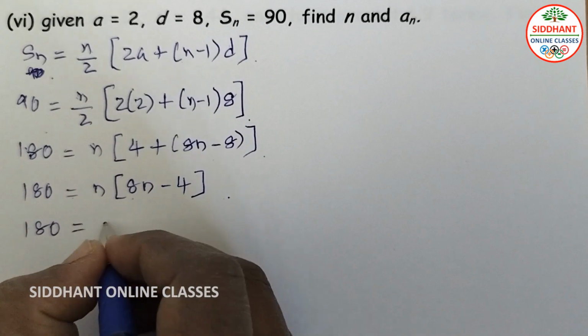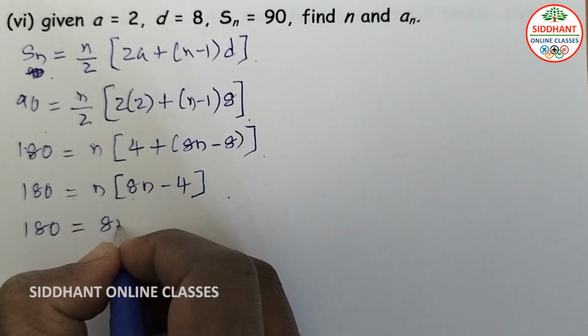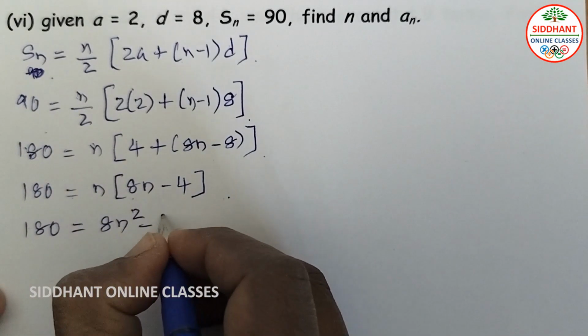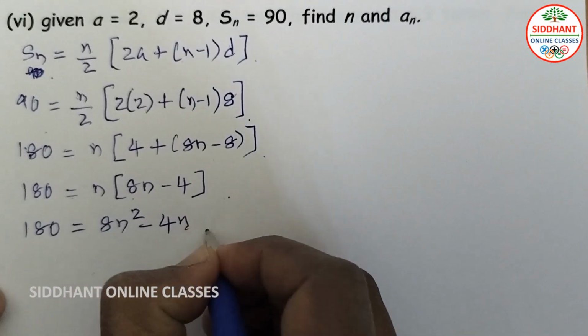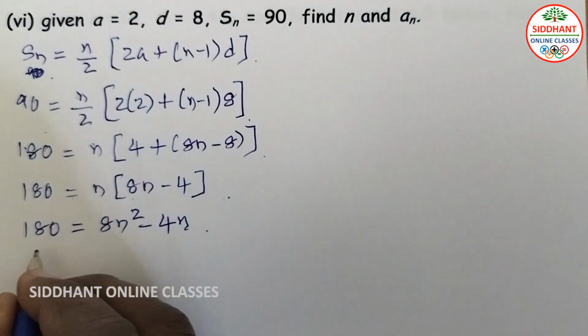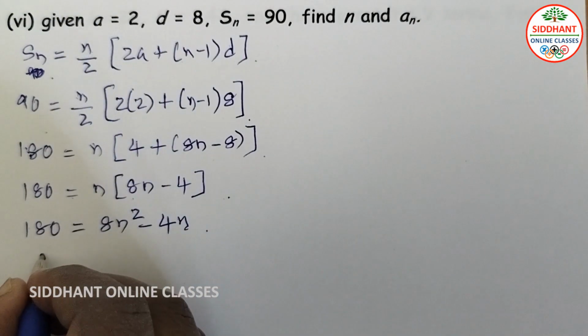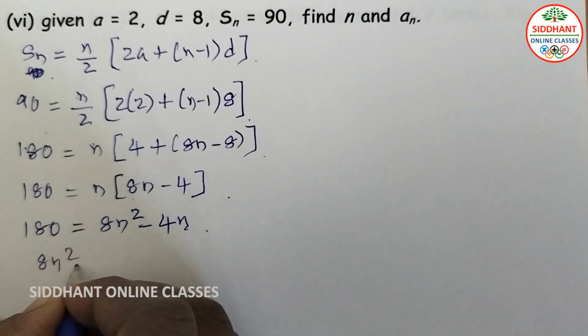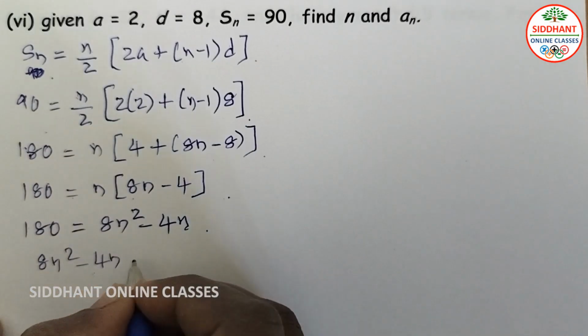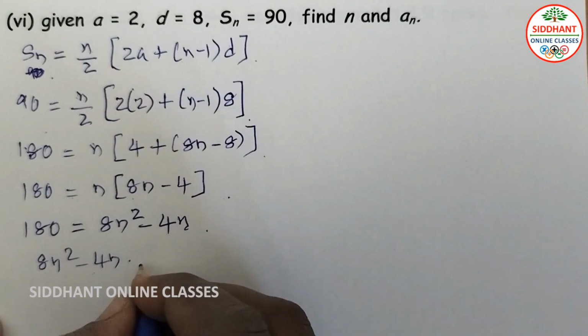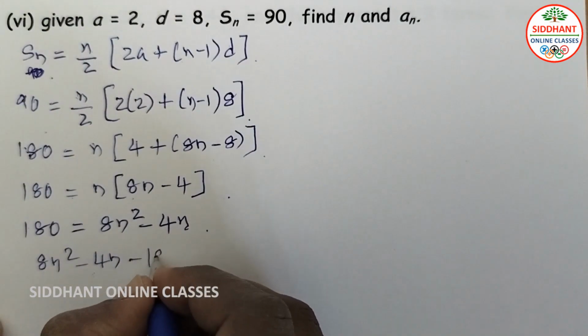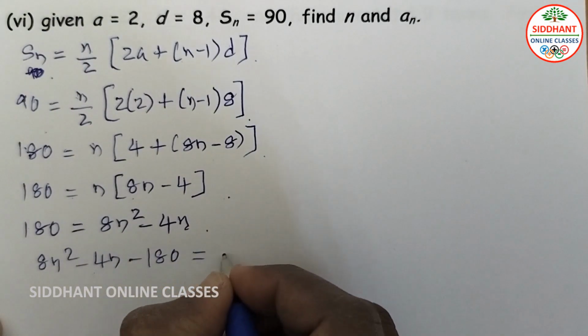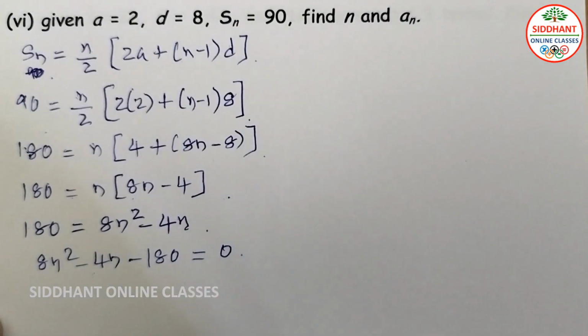180 equals 8n square minus 4n here. So your equation comes 8n square minus 4n, and on the right side it goes minus 180, that equals 0 here.